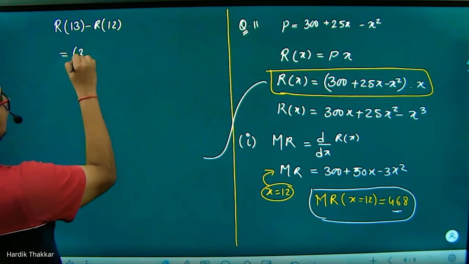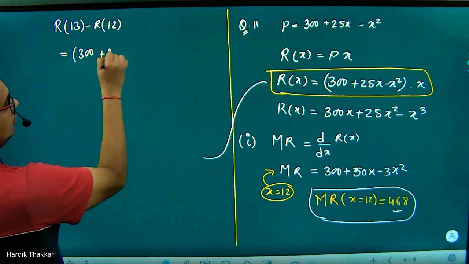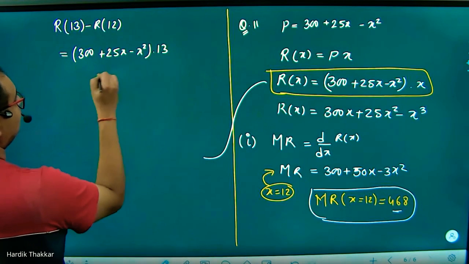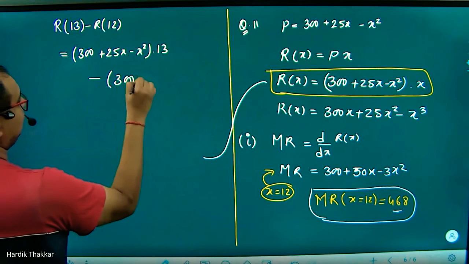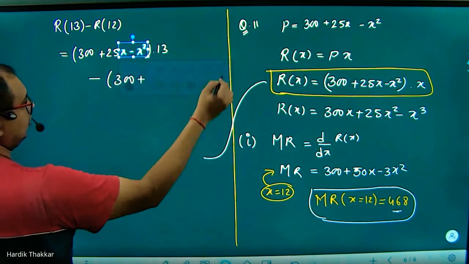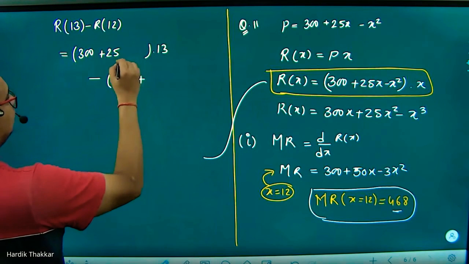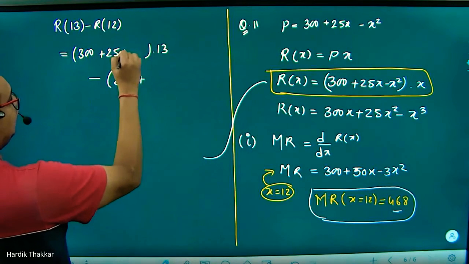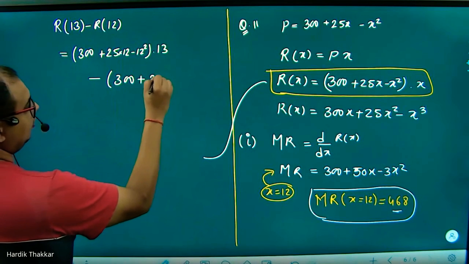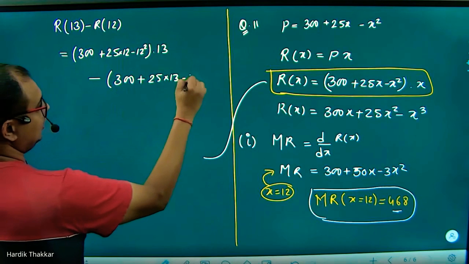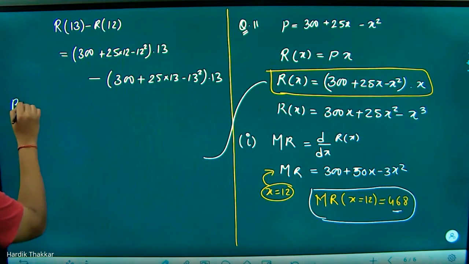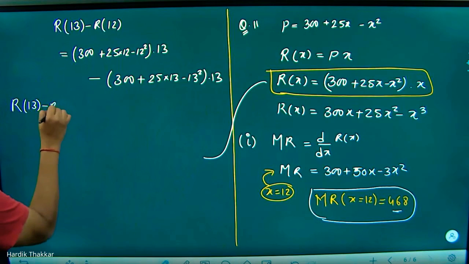So it will be 300 into 13 plus 25 into 13 square minus 13 cube, minus 300 into 12 plus 25 into 12 square minus 12 cube. Now calculate this.